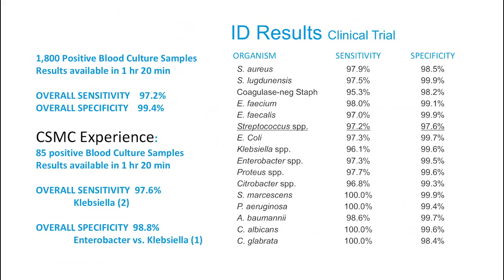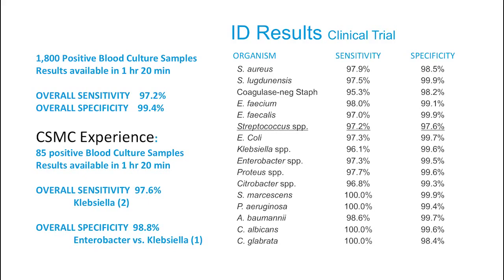Okay, so does this work? Well, yes. One would assume that it works. It cleared FDA, so of course it has passed the ultimate test, and it has very good correlation with broth dilution methods, which it was tested against. This is clinical trial data at the top and listed over here on the right-hand side.